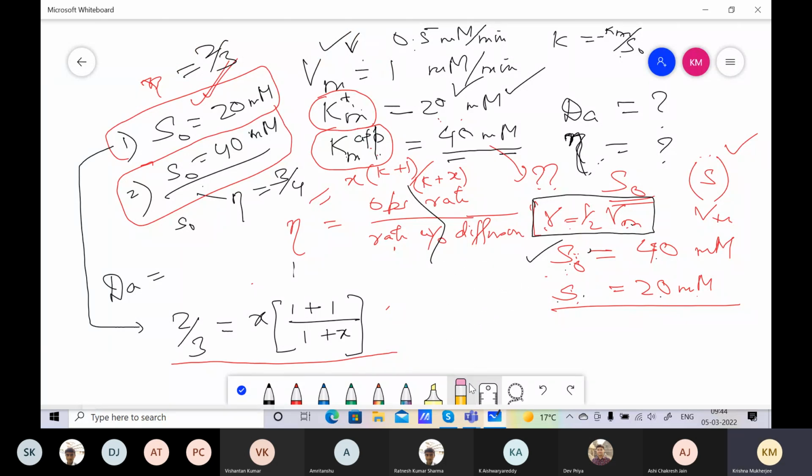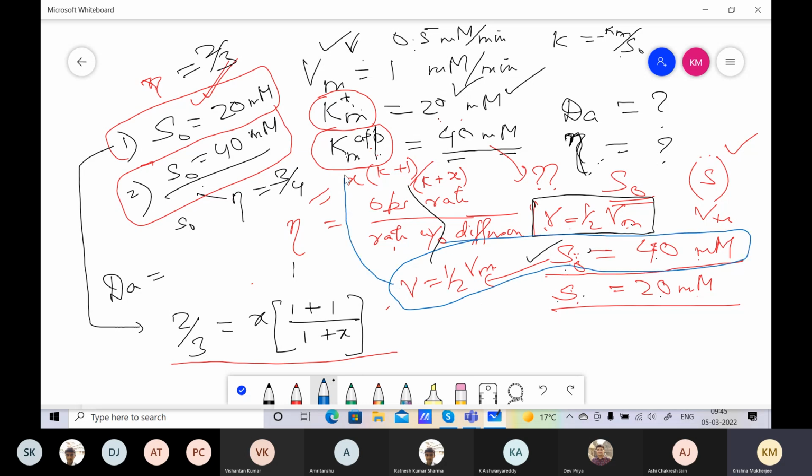So there are two experiments involved here. One is that with mass transfer, you got V equal to half of V max, which is 0.5 millimolar, and the substrate concentration that you used in the experiment was 40 millimolar. Therefore, you made the claim that in this experiment, I observe a Km apparent of 40 millimolar.